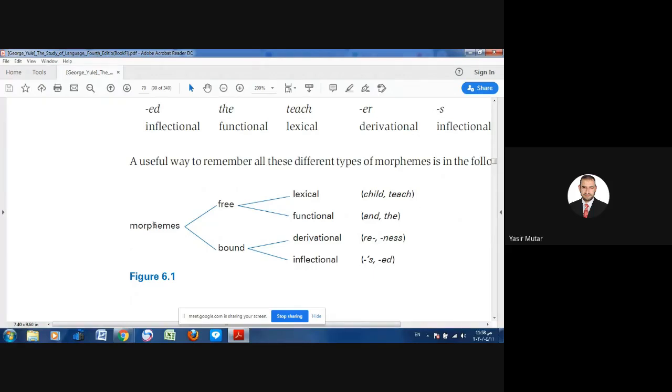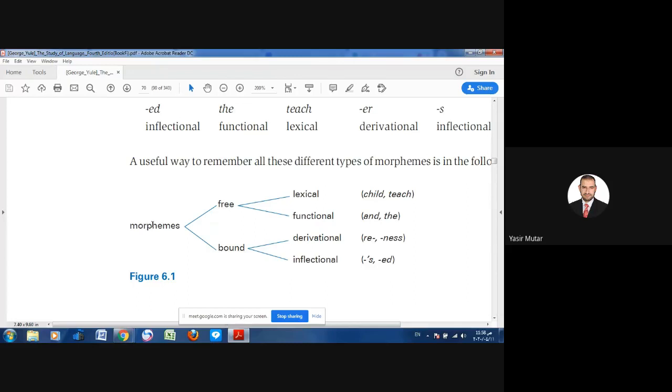This was also a question in one of the past years. The question may be in this way: draw a figure identifying how to classify morphemes in the English language. So you just draw this figure.